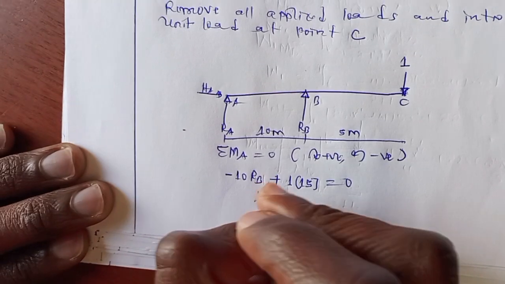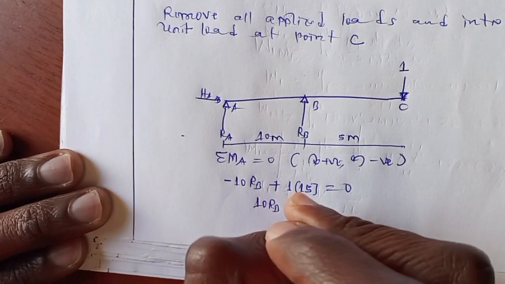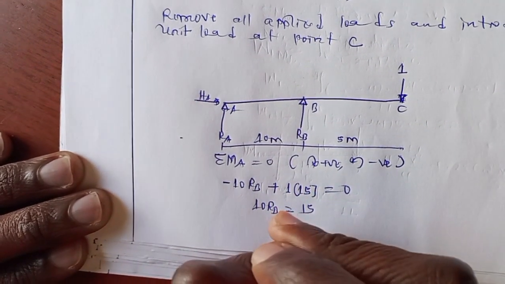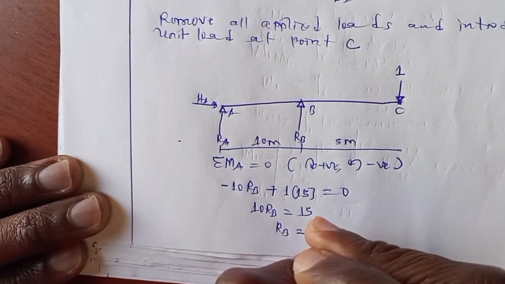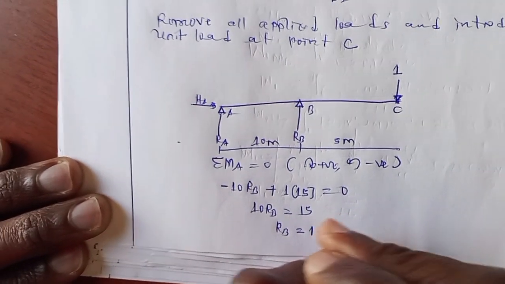Therefore, 10 RB is equal to 15. Therefore, RB will be 1.5 kilonewton.